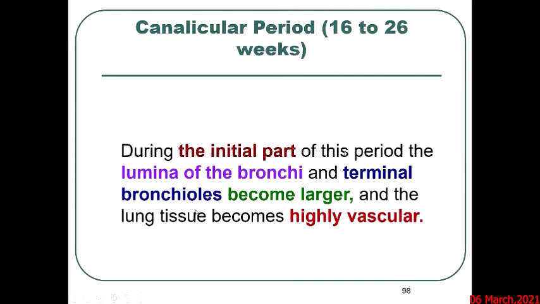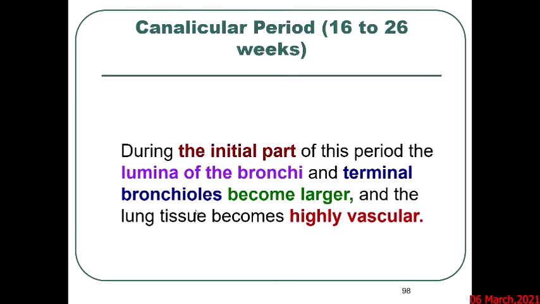So in the initial part of this period, the lumina of the bronchi and the terminal bronchioles become larger. The terminal bronchioles which have been formed become larger, and the lung tissue becomes highly vascular.